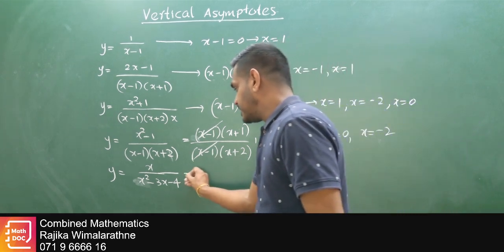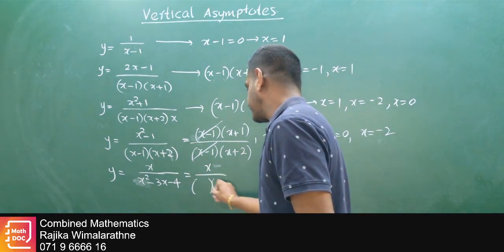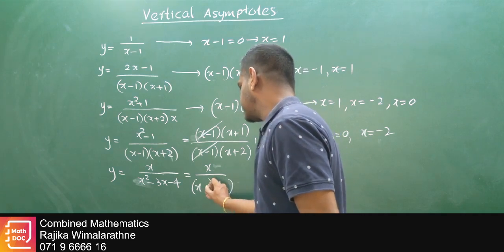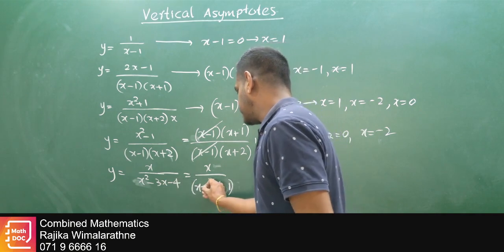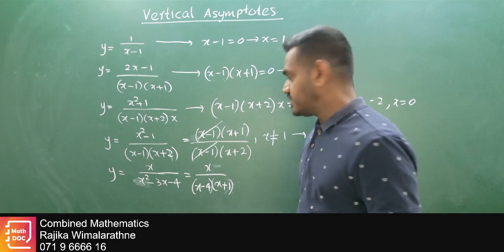When you consider this relation, we have the factors x minus 4 and x plus 1. Now we have the denominator zeros.